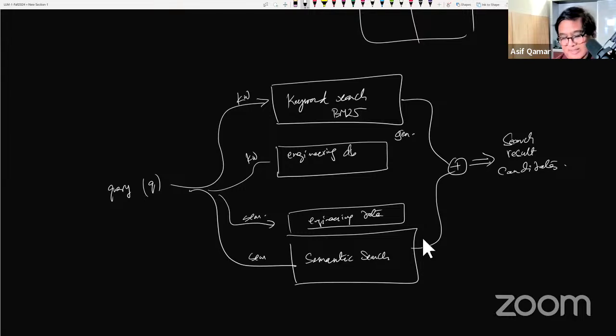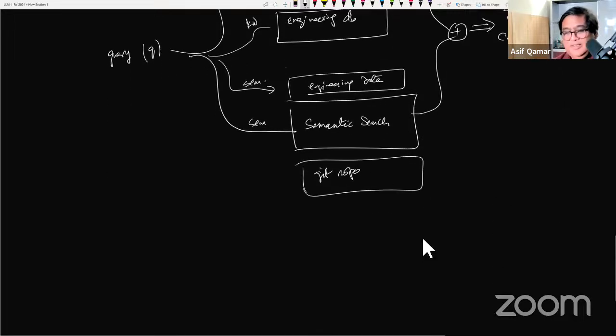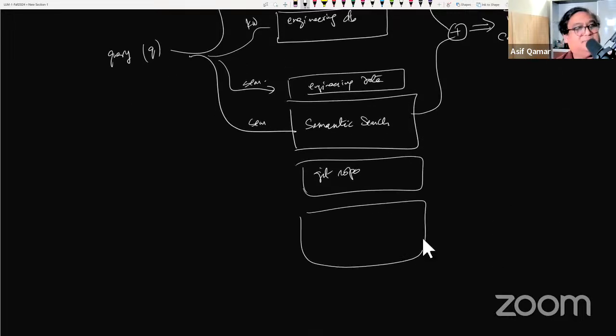Somewhere in here is a Git repo. There can be your Jira tickets or your ticketing system issues. So you realize that we have a lot of fan out, whether it's semantic or keyword. You might be searching through multiple databases, multiple systems, and each of them will produce its search candidates.